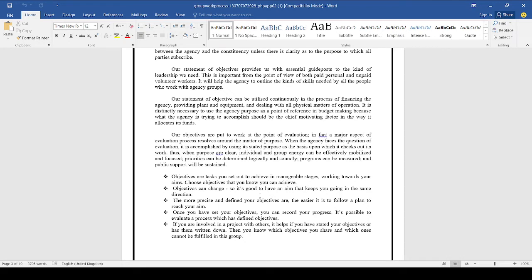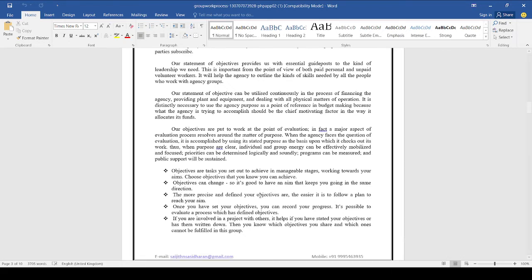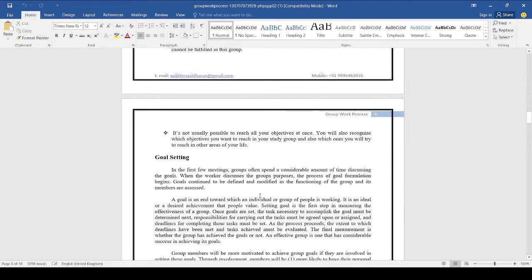We can say something about that. This is a very important thing. It is not usually possible to reach all the objectives at once, so we should give priority to each objective, and we will try to reach the others later. In general, objectives are the different tasks to achieve our goal.